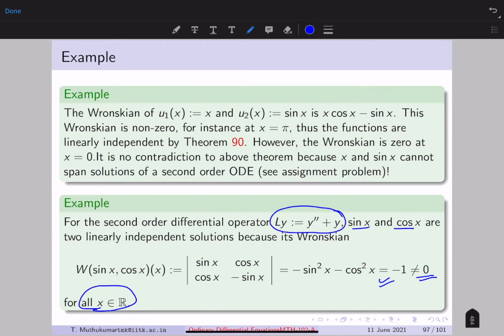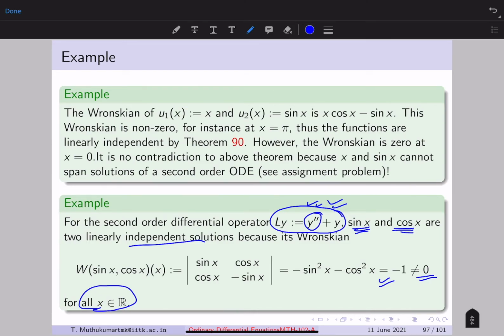And we have seen a result which tells you that for a second order ODE you have exactly two linearly independent solutions, which means there are no other linearly independent solutions for this ODE.